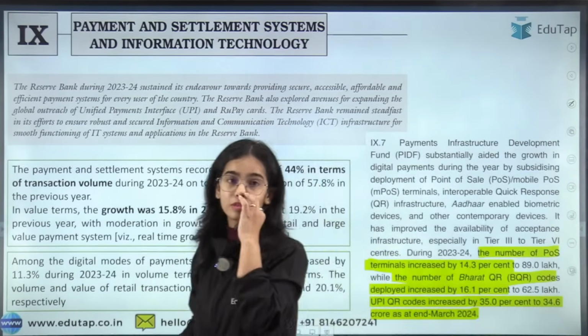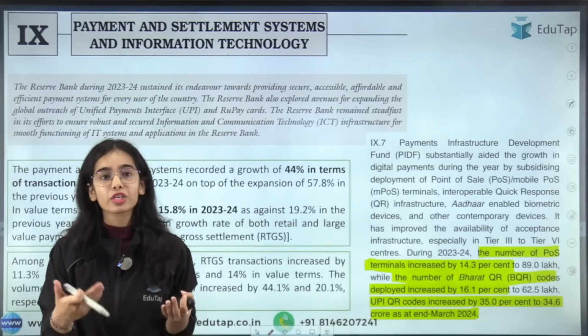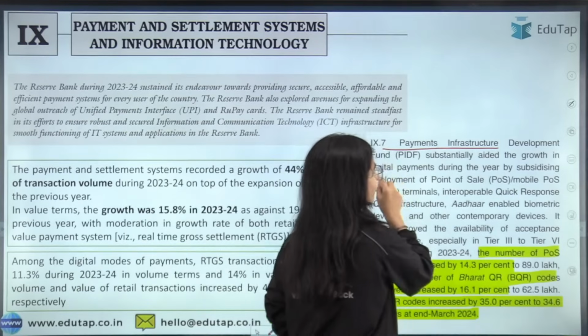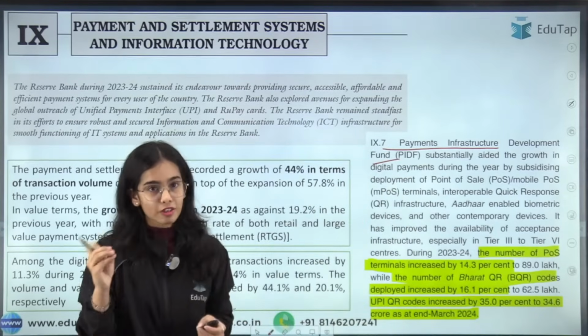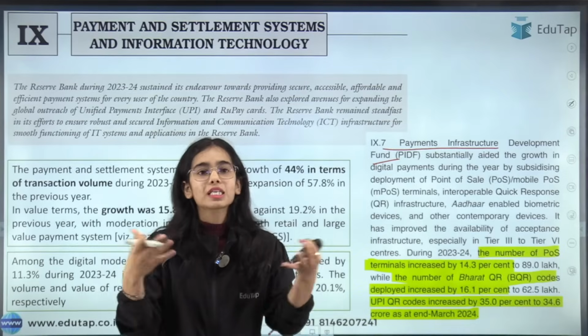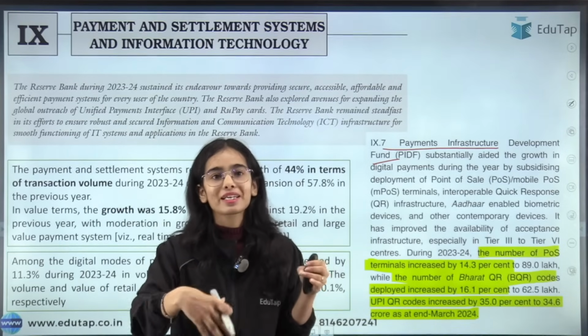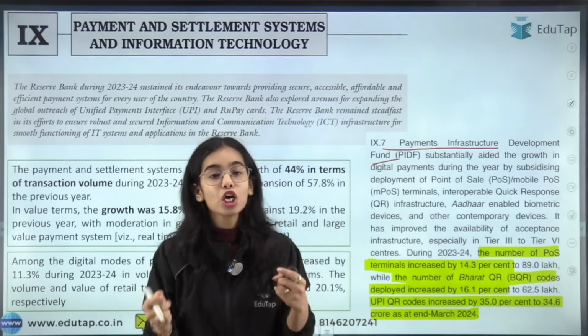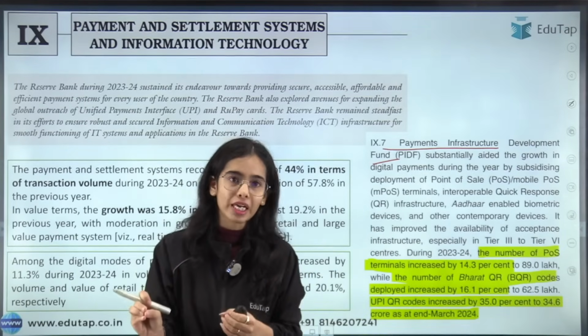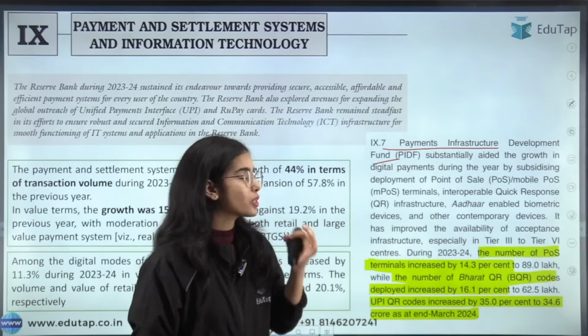Now PIDF is what? It is the Payment Infrastructure Development Fund. Okay, so this Payment Infrastructure Development Fund is the fund of the Reserve Bank of India through which the RBI promotes the expansion of the POS machines and the QR codes in the country. The QR codes and the POS machines are provided at a subsidized rate to the new merchants. Okay, so that is the idea.